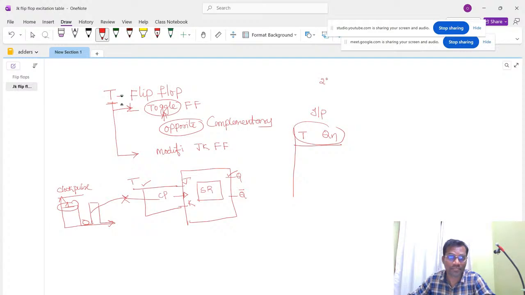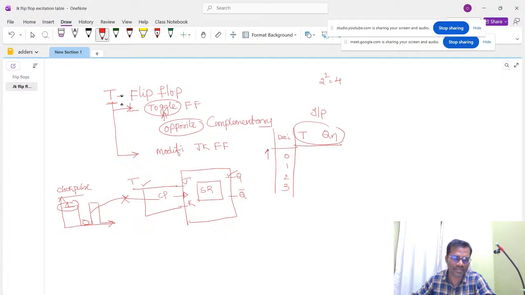How many possibilities can we write? Two squared means four. So we write the decimal values 0, 1, 2, 3.